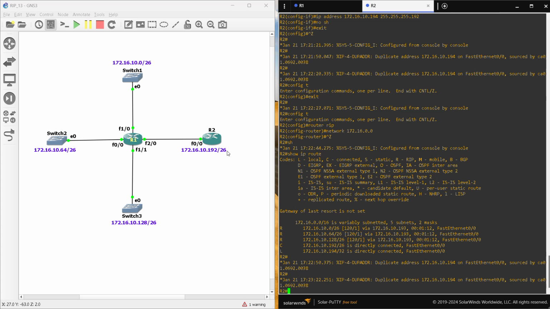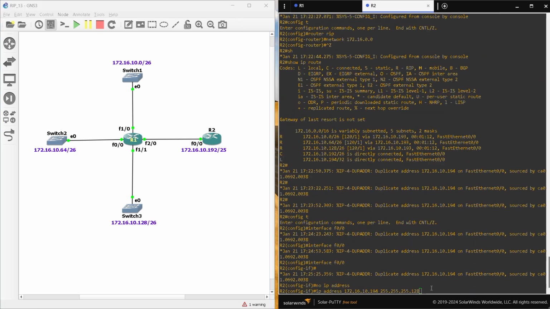Now let me make it /25, then we will see what happens. And we'll also reconfigure it. With this command I have removed the IP address, and with this command I have given the new IP address, 255.255.255.128, that is /25. Now we have only two subnets, right?